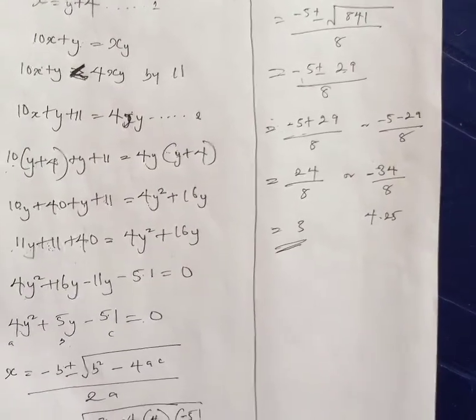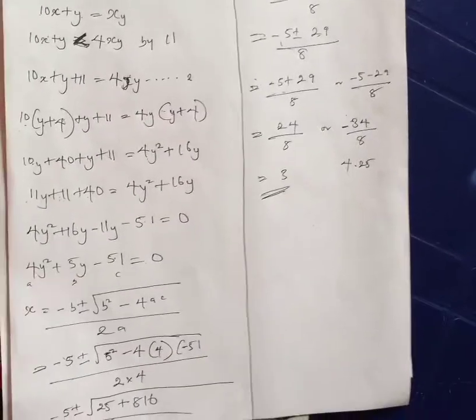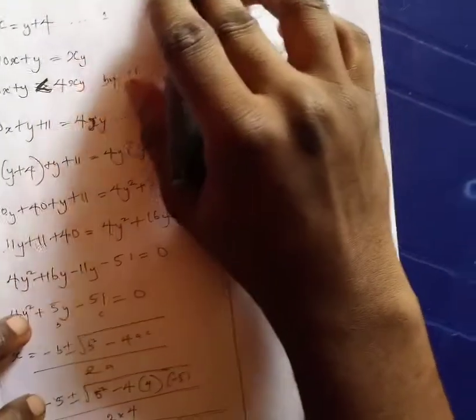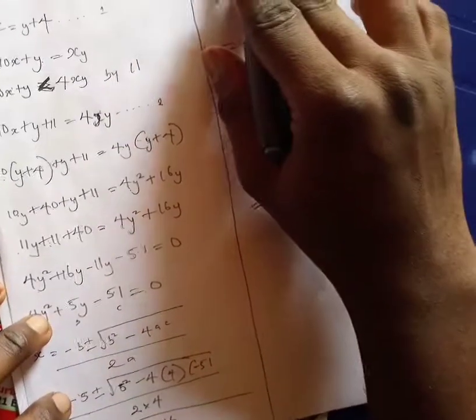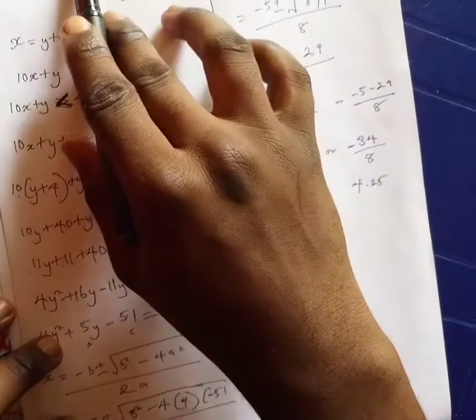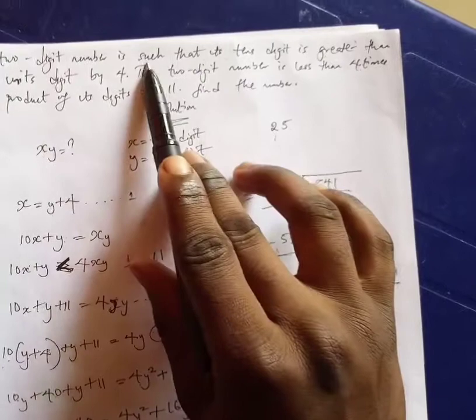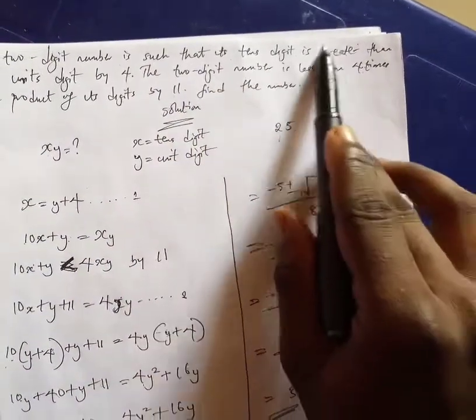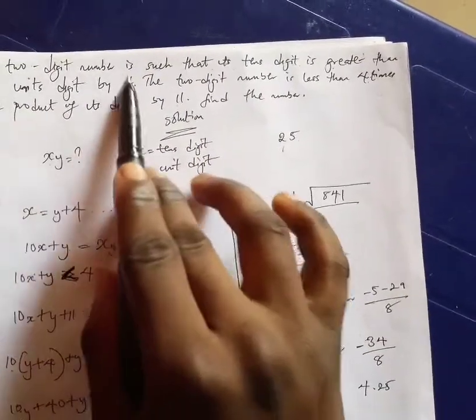Now, how am I sure this y equal to 3 is my answer? Now recall, a two-digit number is such that its tens digit is greater than its unit digit by 4.